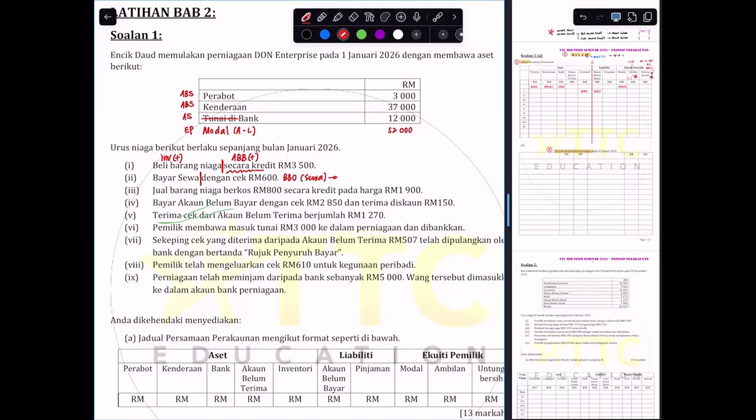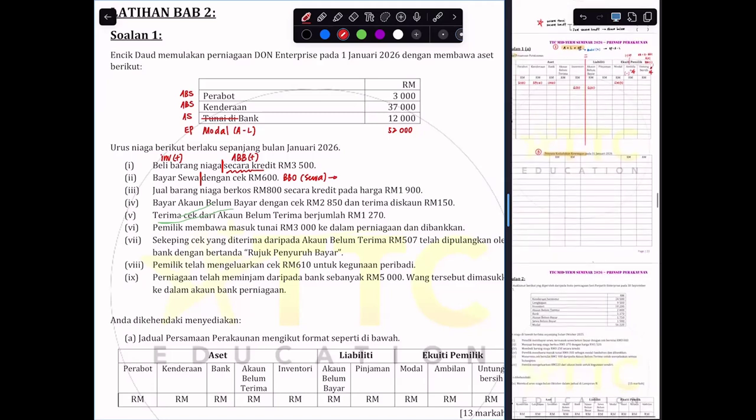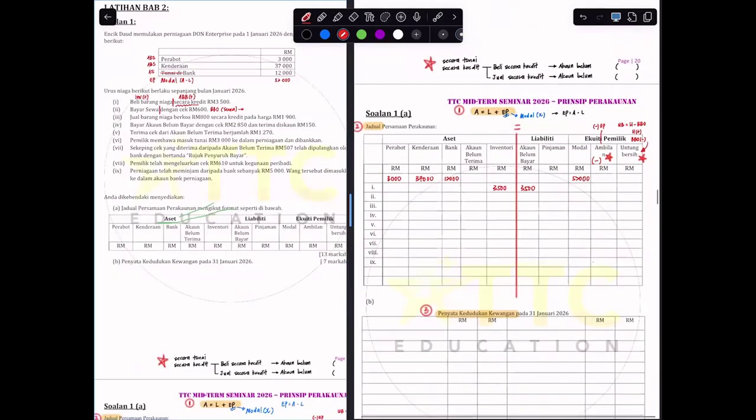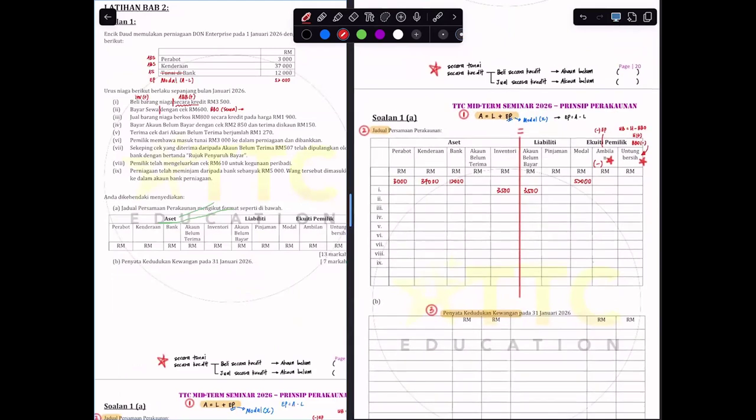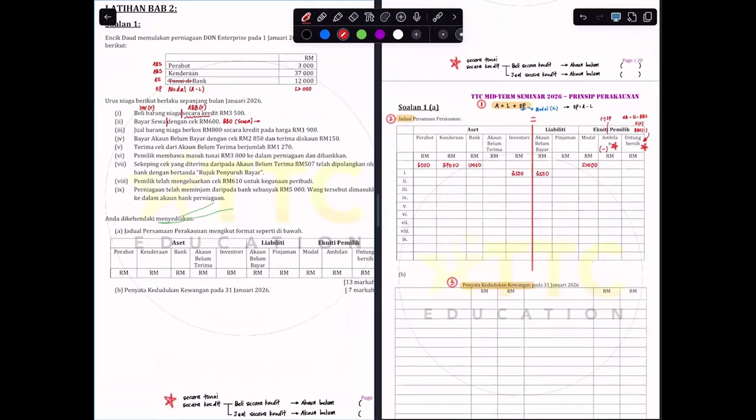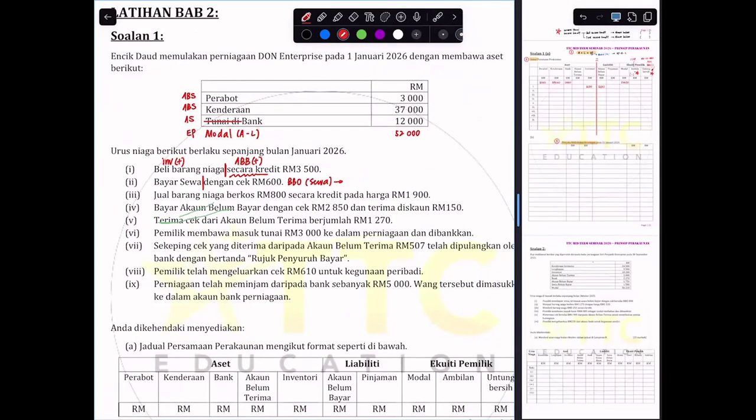Where to record your belanja? In which column? Keep belanja in the column. Column what? Refer to the table. Where to record belanja? Out of the column here. Yes, untung bersih.